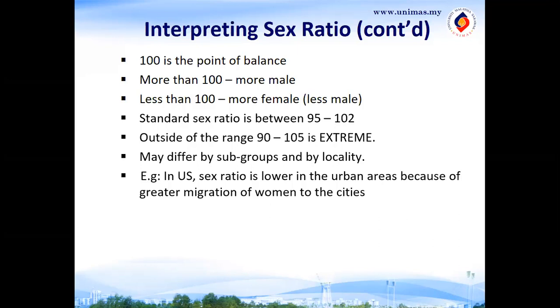If that is the case, then in the urban areas of Malaysia, Kuala Lumpur dan sebagainya, we may have a lower sex ratio compared to the rural areas. Okay, so kita boleh buat kajian sebenarnya, asalkan kita ada data lah untuk membuat analisis ini.